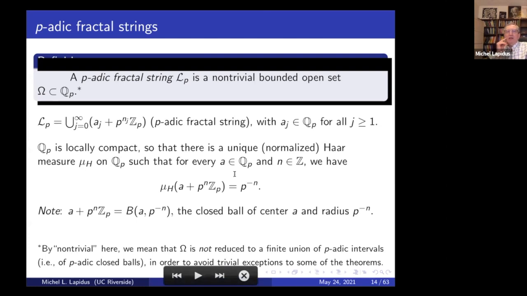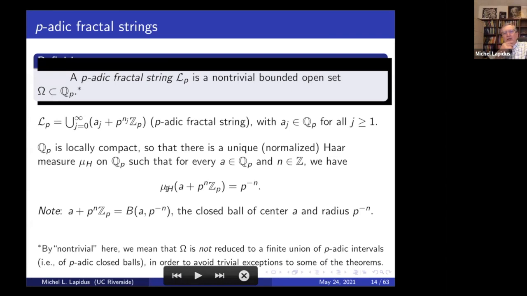I'll denote it by mu sub h, because it's also the one-dimensional Hausdorff measure of Qp, it turns out. So Qp is one-dimensional from the point of view of Hausdorff dimension.